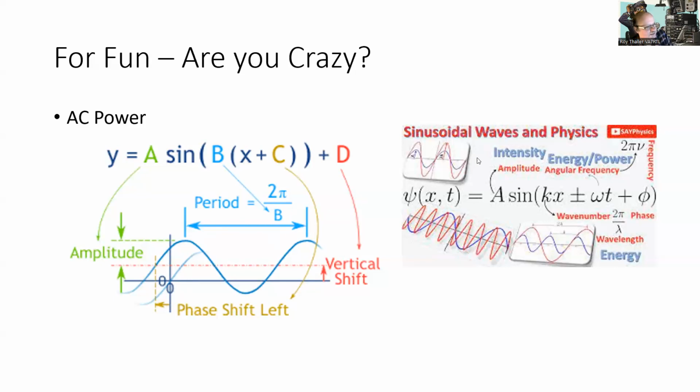And then for physics, they express it slightly differently, where this is a function of x versus t, and they use a similar equation, but instead of B, they use the wave number, and W is angular frequency, which is related to 2 pi.